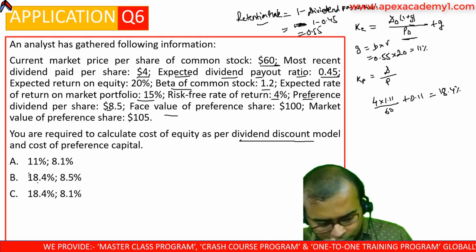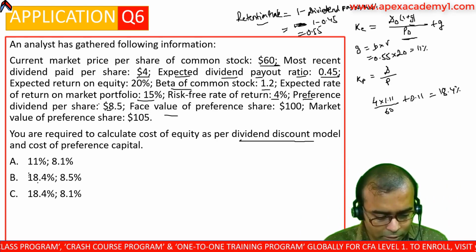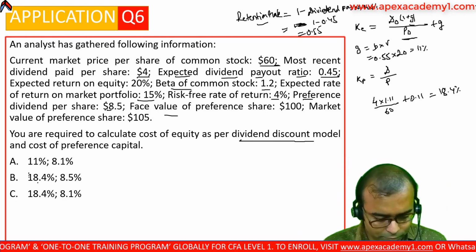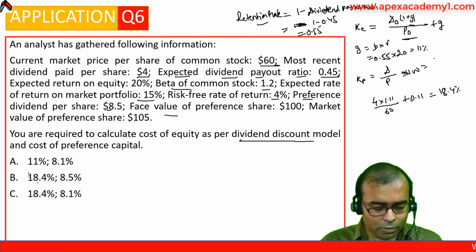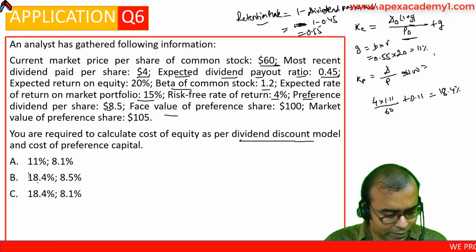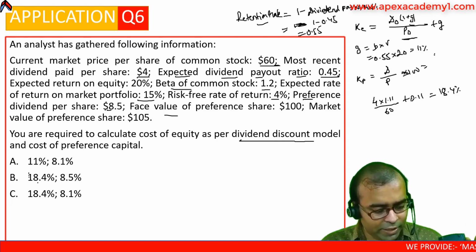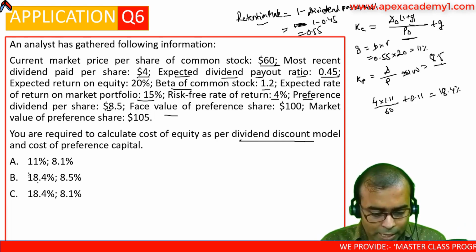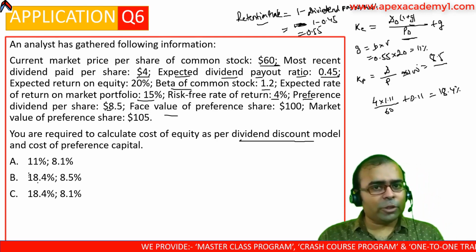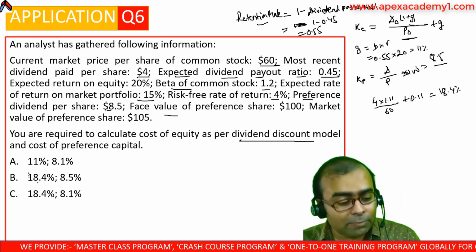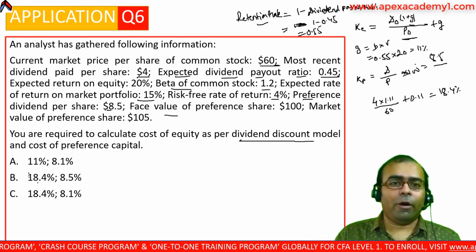However, we need to calculate the cost of preference capital to select the correct option, which is D by P into 100, or preference dividend by price. Preference dividend is 8.5. And again, there are two options, face value and market value. Which one should we go with? Always market value here. Remember the formula.